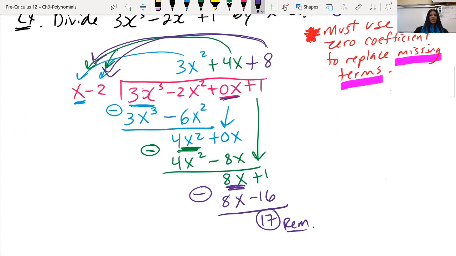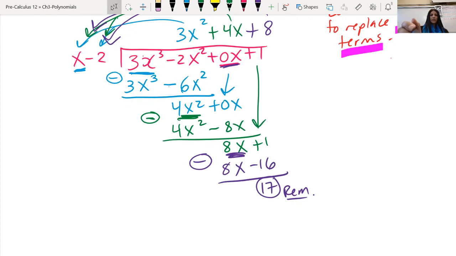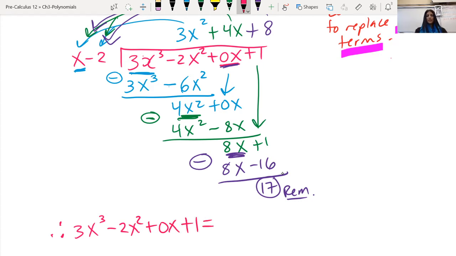And so now we can take what we've done and we can put it together to come up with our solution. So therefore, I can say that my original, which is under this little thing here, 3x cubed minus 2x squared plus 0x plus 1 equals all the stuff that we factored it out to. So this x minus 2 that we were told about times what we found as the quotient at the top here.